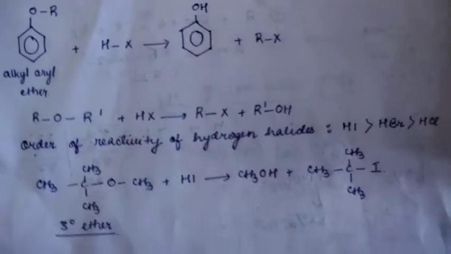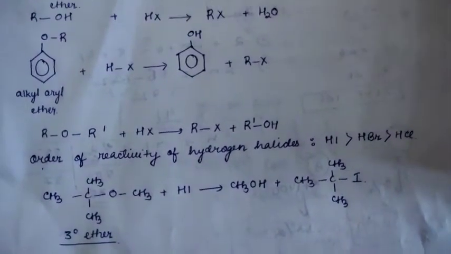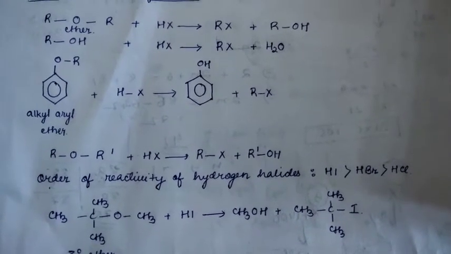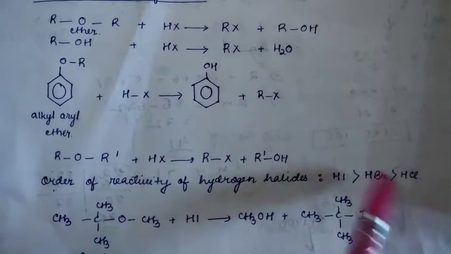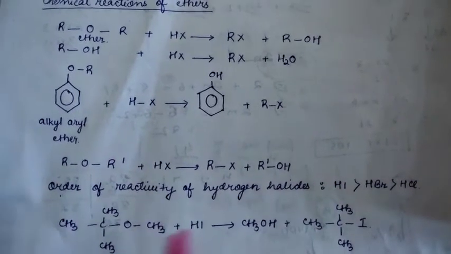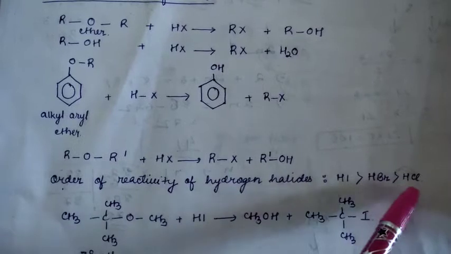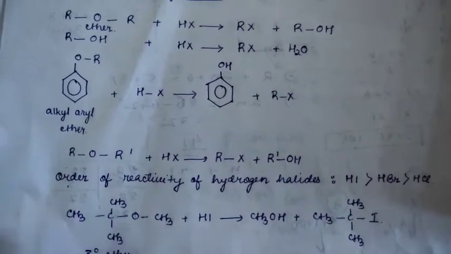Next we will discuss the order of reactivity of hydrogen halides. If we talk about the hydrogen halides like hydrogen bromide, iodide, chloride, then what happens? The hydrogen iodide reacts faster as compared to the hydrogen chloride along with ether to form the alcohol or phenol respectively.